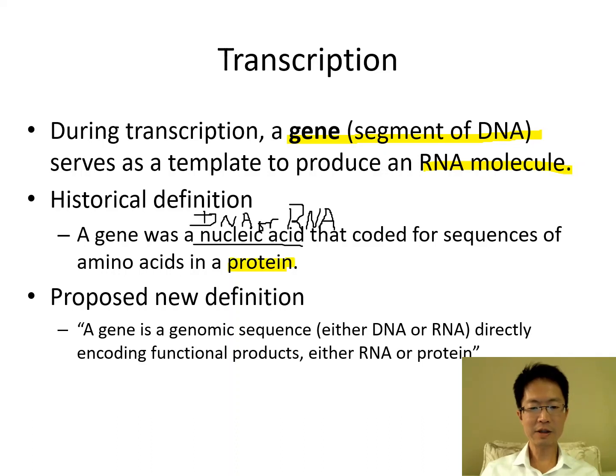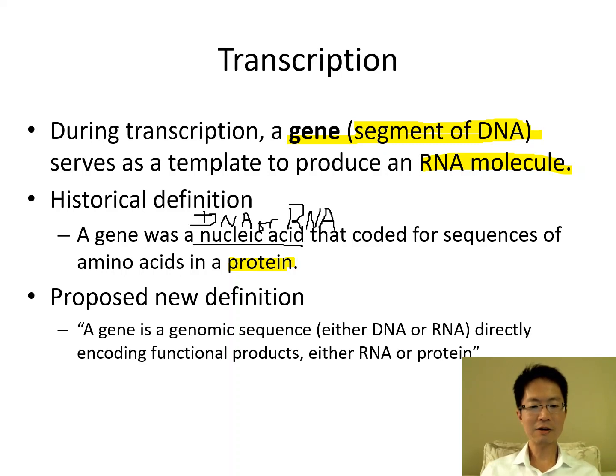Basically, this is a historical definition. I like it better. I even generalize it. For me, a gene is the part of the DNA, a segment of DNA that can code for protein. So I bypass the RNA molecule. I jump straight from DNA to protein. So I bypass RNA.